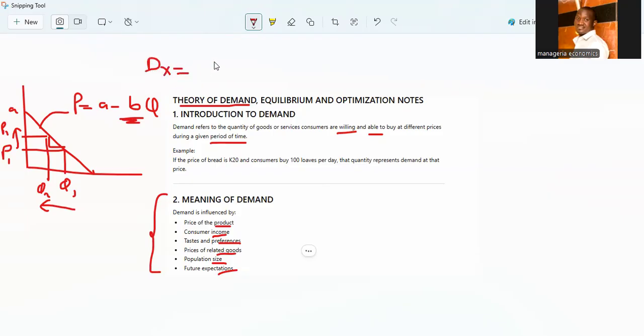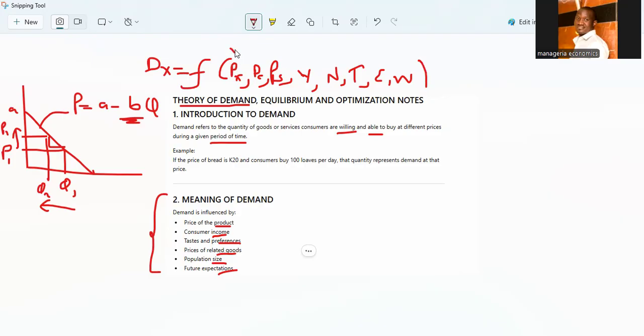The factors of demand, which are, number one, the price of that particular good, the price of the complement, the price of the substitute, the income, okay, the natural population, the taste, technology, expectations, weather, population size. So all these are factors that affect demand.